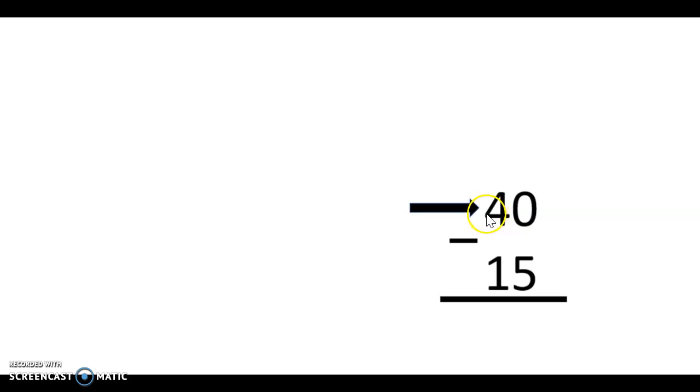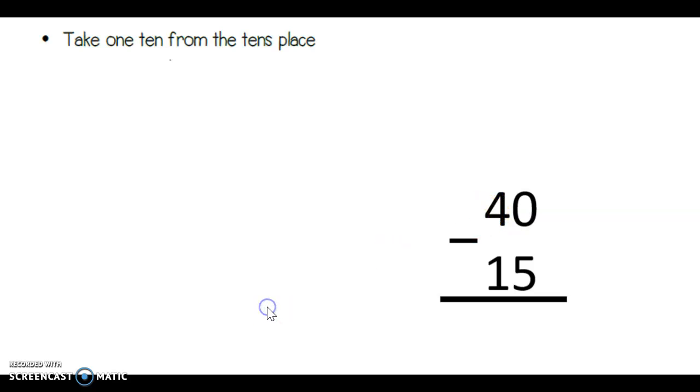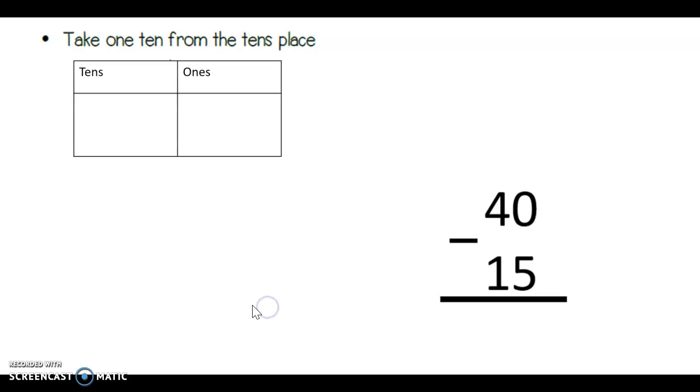So here I am next door at my 4. So the first thing I'm going to do is I'm going to take 1 ten from the tens place. So if I was to represent my number right now, I've got my 4 tens that represent 40, and I'm going to take 1 ten from the tens place.